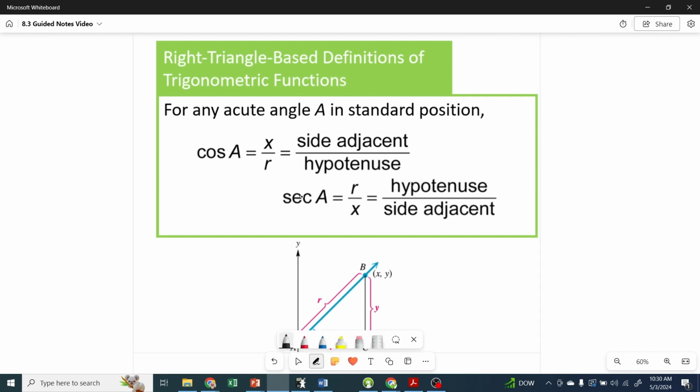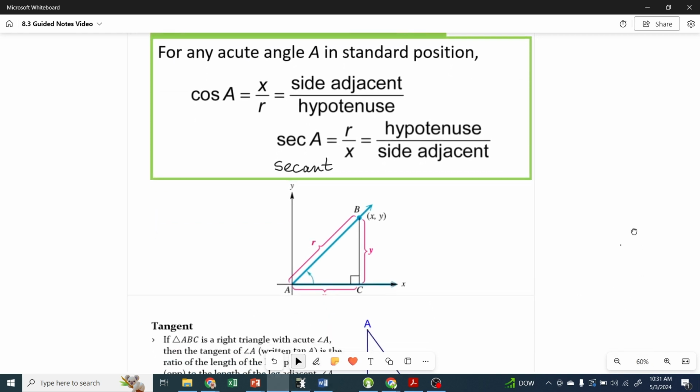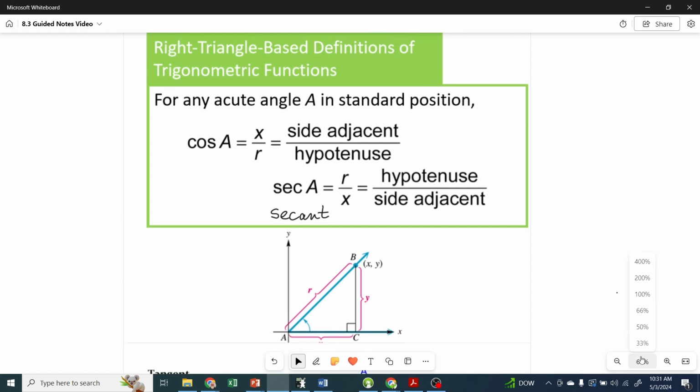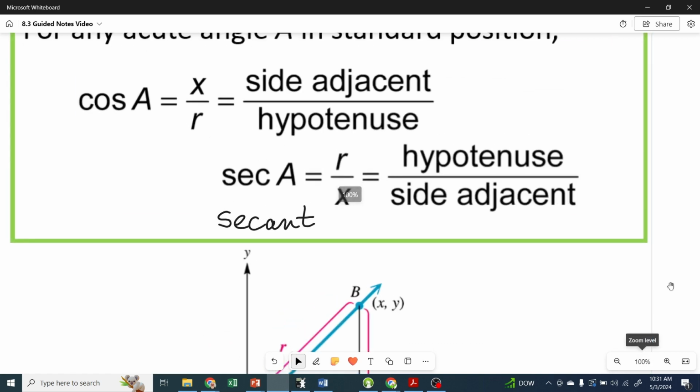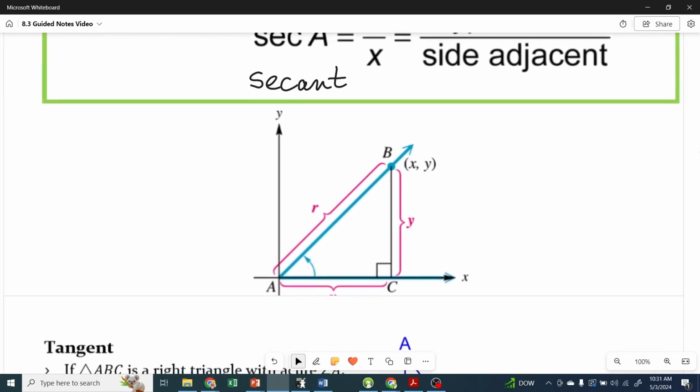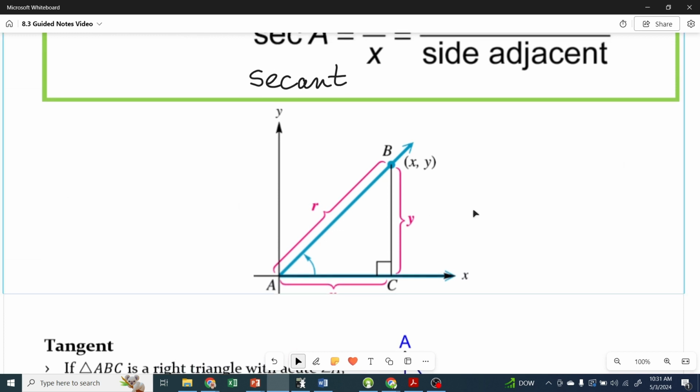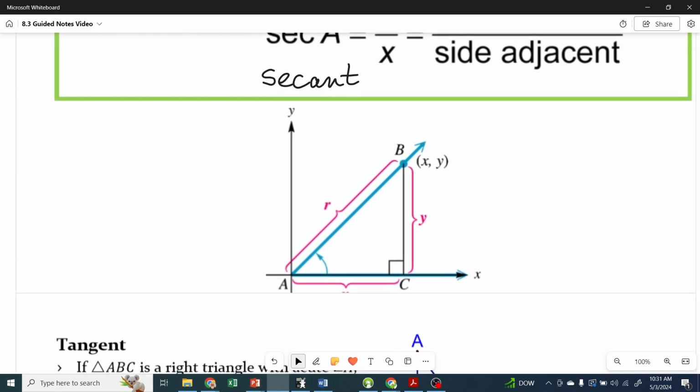The reciprocal of the cosine is called the secant. And there's our symbol down there. There's our drawing. Secant. Same diagram from before.